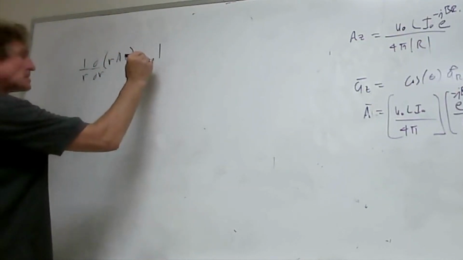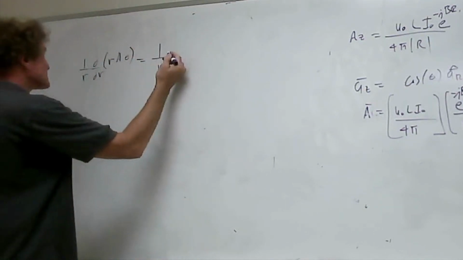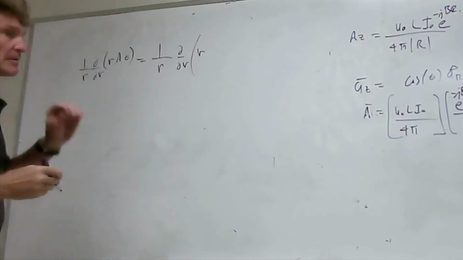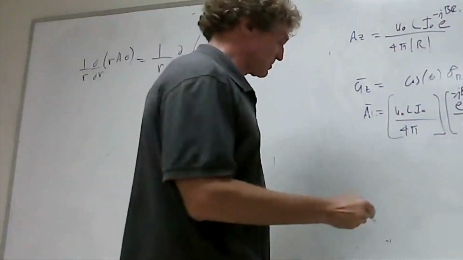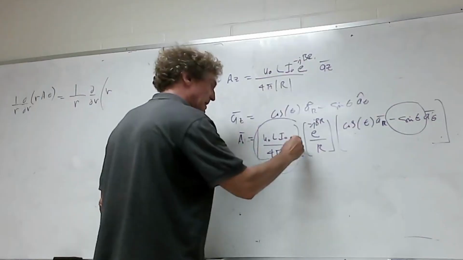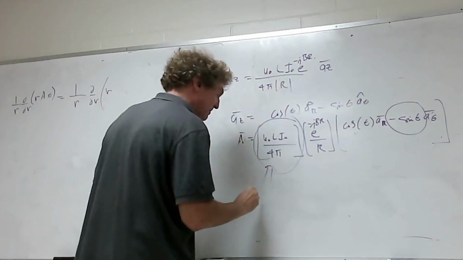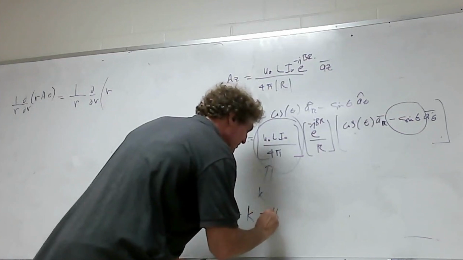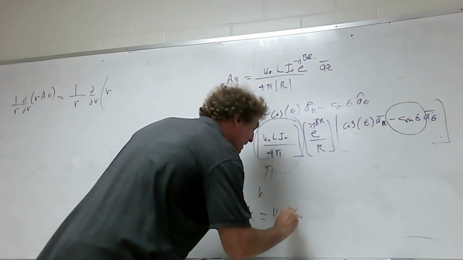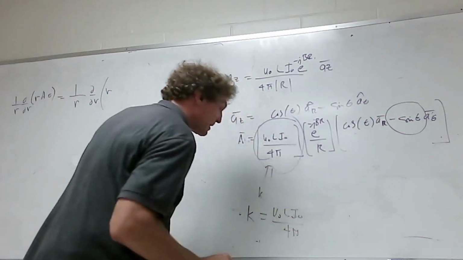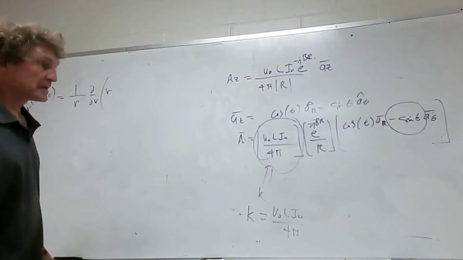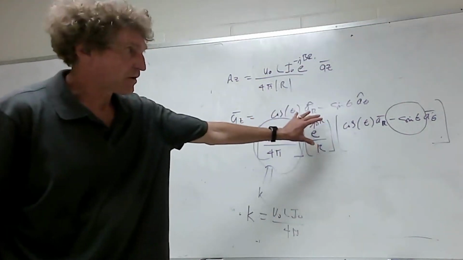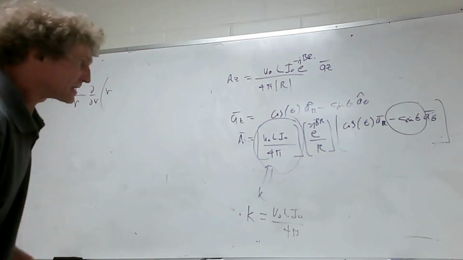All right, so that's 1 over r, d/dr. I'm going to put the r in. Now we need A theta. You notice that I'm going to do this too, and I suggest you do this if and when you have to do this. Make that a constant k. Just call k equal to mu 0 L I naught over 4 pi. And the reason I'm going to do that is because now the derivative I'm going to take is k times the function of r times that sine theta.